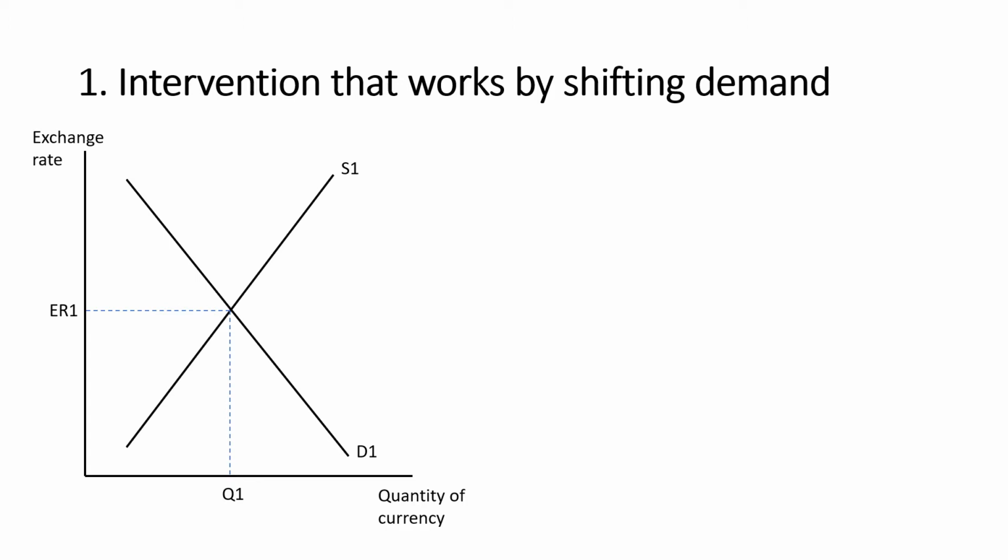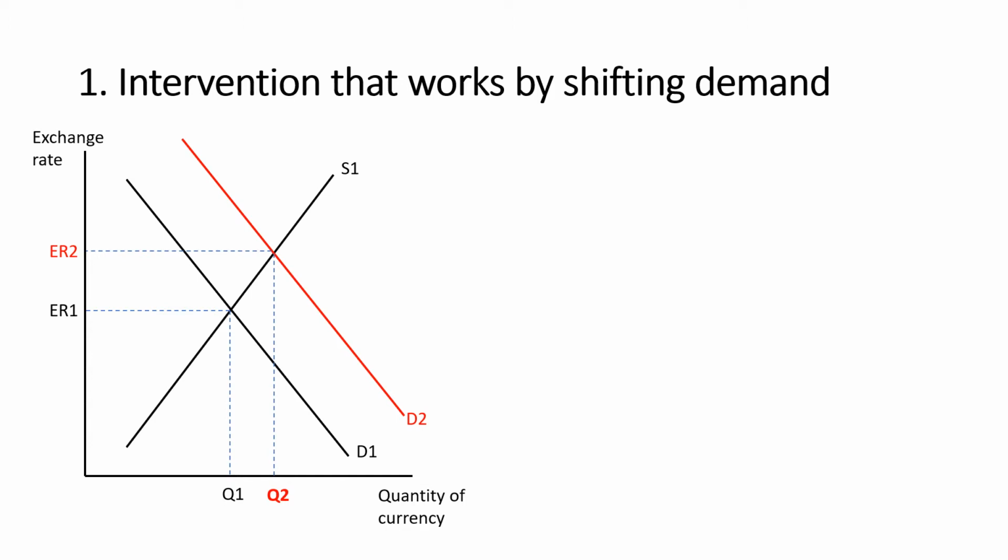What can they do to manage the exchange rate up? Well, obviously they can try and figure out a way of increasing the demand for sterling on forex markets, because if they can do that, the equilibrium quantity will go up. But as you can see here, here's the desired appreciation that they were looking for.